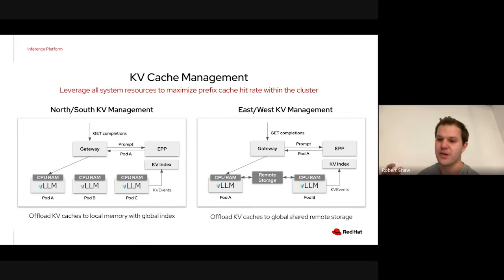What this allows is for us to increase the KV cache size even more and keep the KV caches resident in RAM longer and longer. This effectively increases the size, and it's much more efficient to pull the KV caches from CPU RAM into the GPU RAM than it is to recompute the whole prompt.